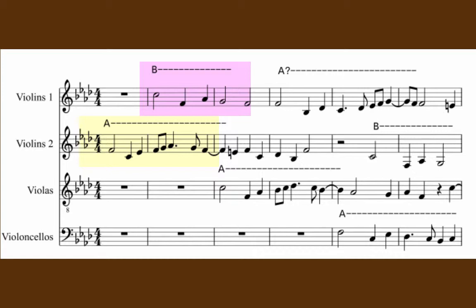The A theme, when it's reintroduced in the first violin, starts on an F. This is an F minor, by the way, and imitates it.